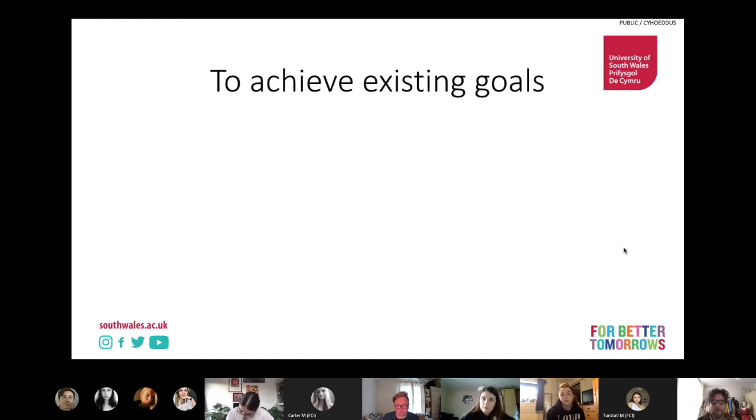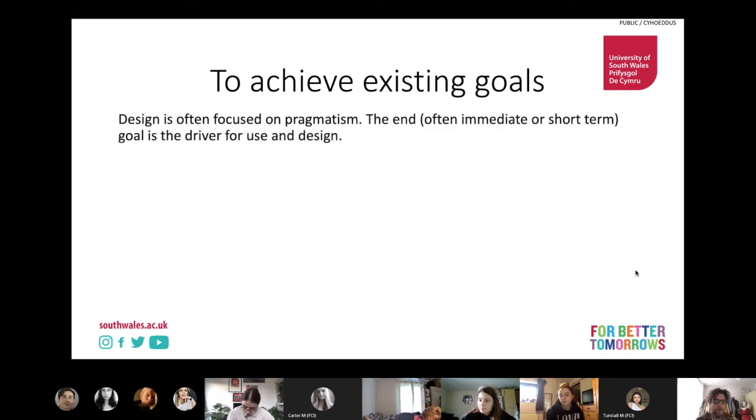Or we might look at a very pragmatic thing, that idea of achieving existing goals. So mostly when we look at design, it's, oh well, I've got to solve a problem. Here's my problem. It's all about pragmatism, all about solving the end goal, even in the immediate or short term. I have cold feet.